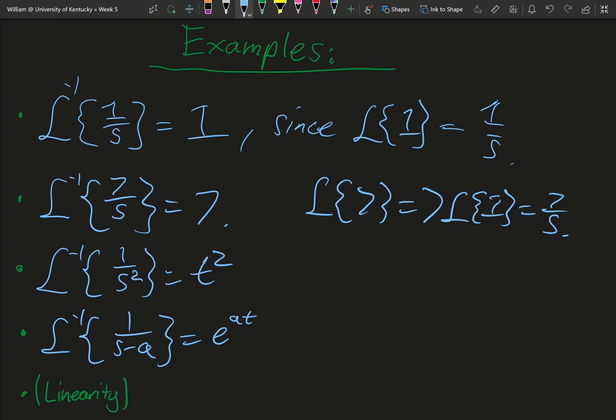The other thing that's really important is that this linearity property also holds for the inverse.